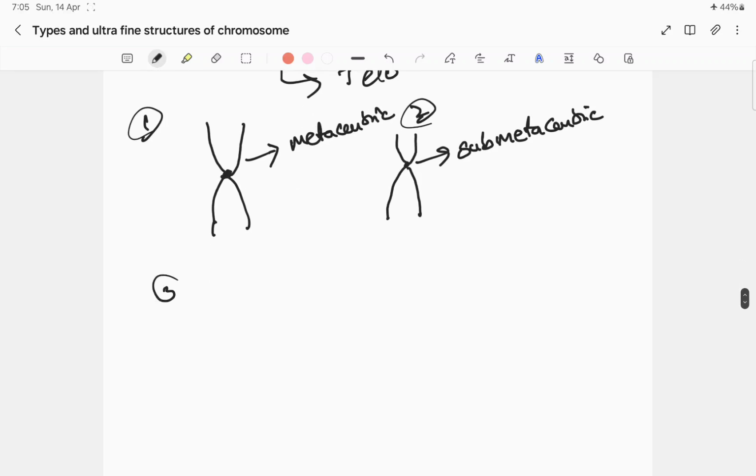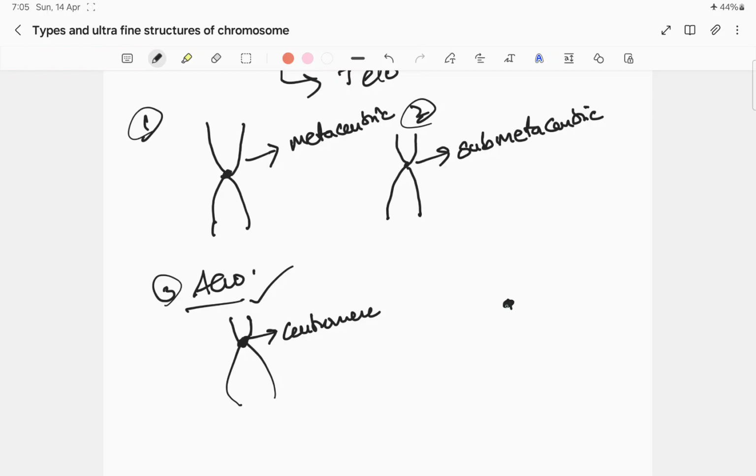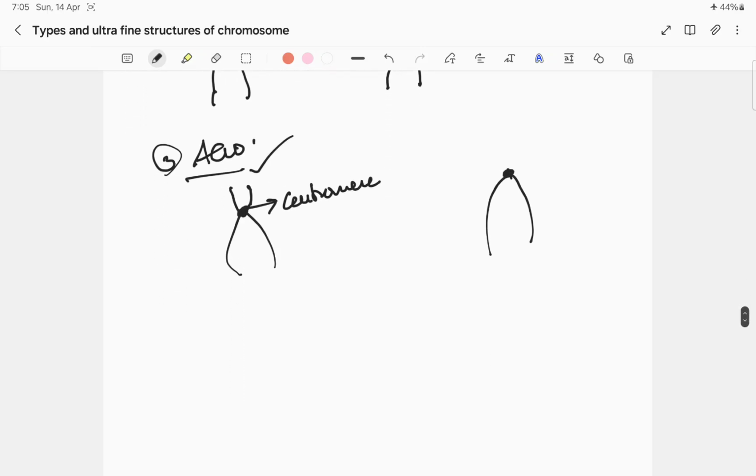Third one is acrocentric. If the centromere is present slightly near the tip of the chromosome, this is called acrocentric. And in the telocentric, the centromere is at the very end, so there won't be any arms above the centromere.